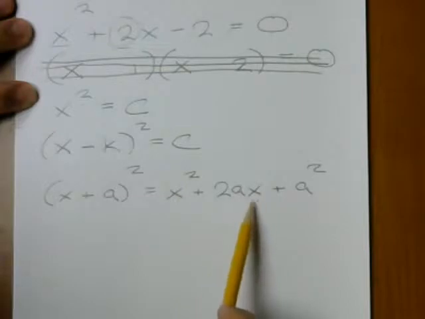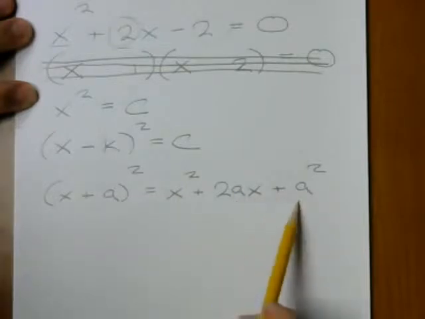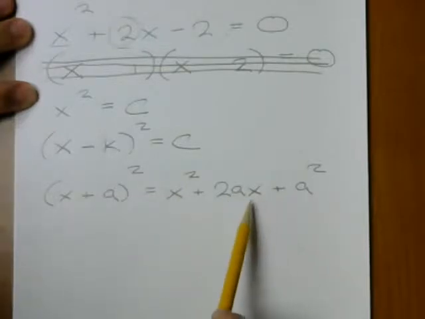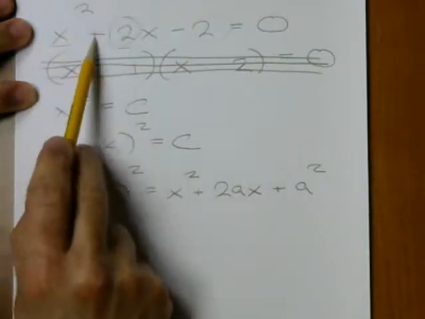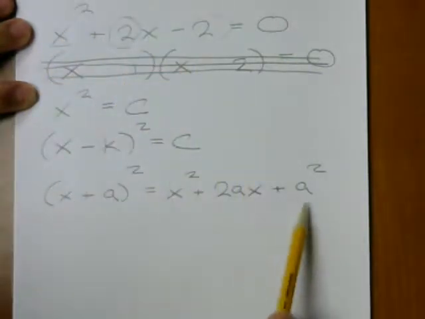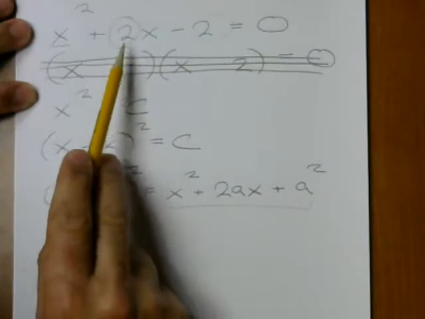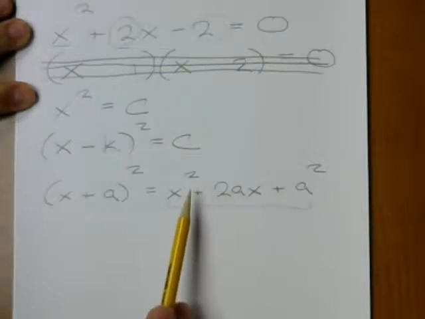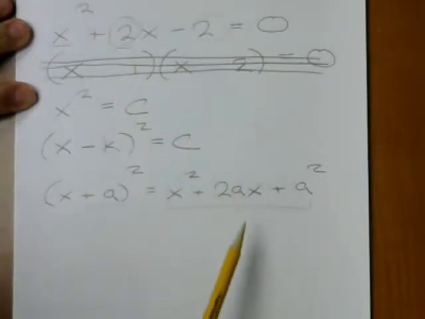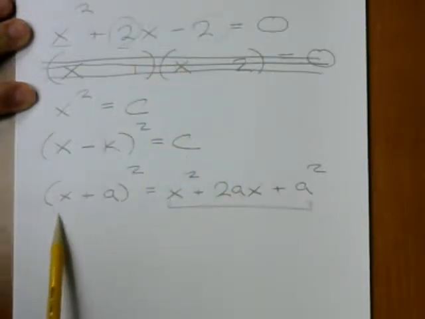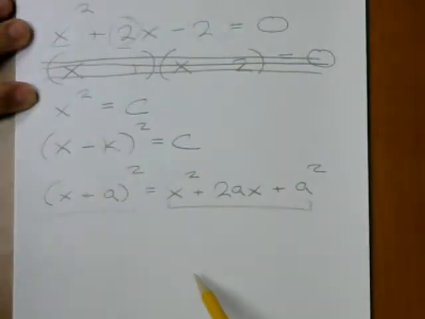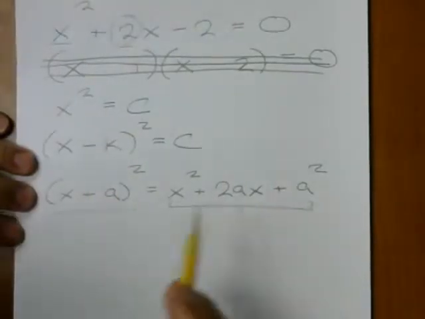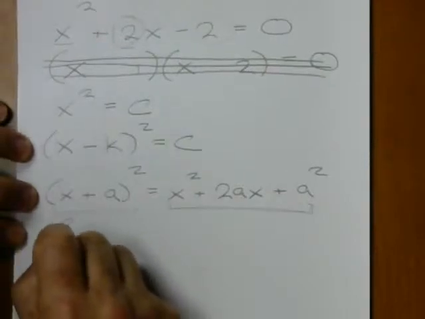Well, that looks a little like this, except I would want an x squared plus 2x plus 1 in order to make this work, right? Because if this is 2ax, then a would need to be the number 1. So x squared plus 2x plus 1 would be nice. It would be in this form. I could do this, and then I can use one of my rules. So I really, really want this.